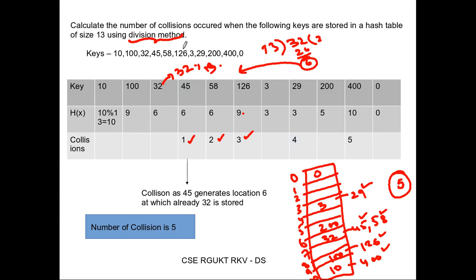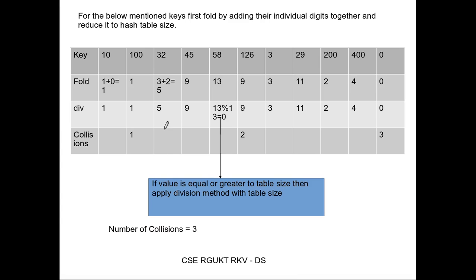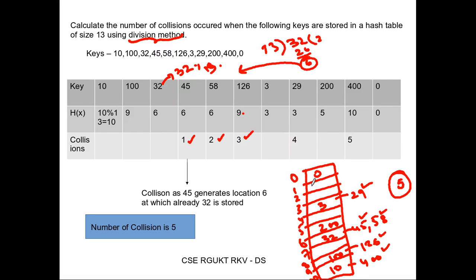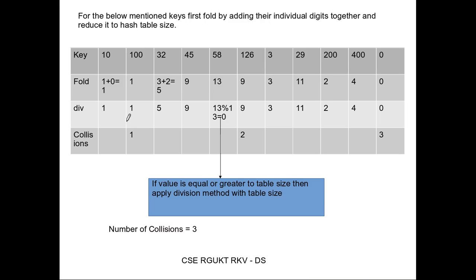So let's take another example. You can use the same approach for calculating the number of collisions, but here we are using the fold method. What type of fold method is given to us? We are asked to use a fold method where individual digits are added together and we reduce the result to the hash table size.